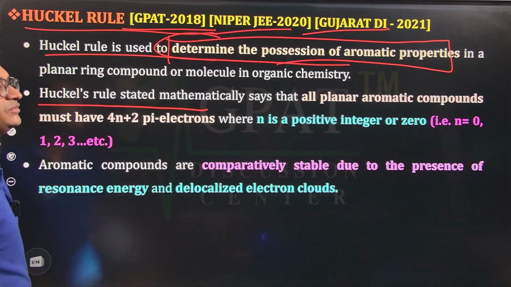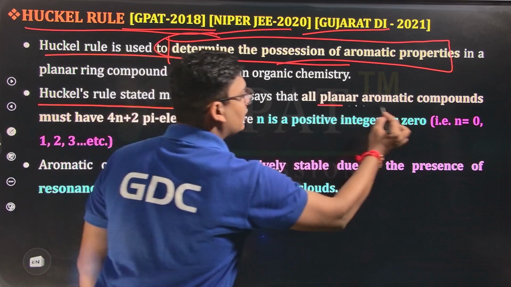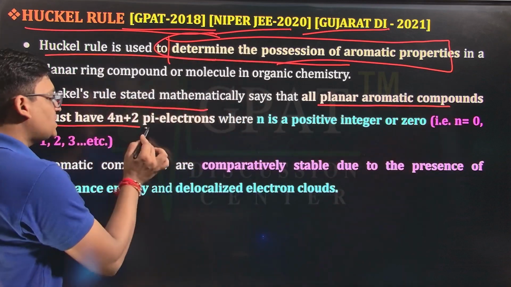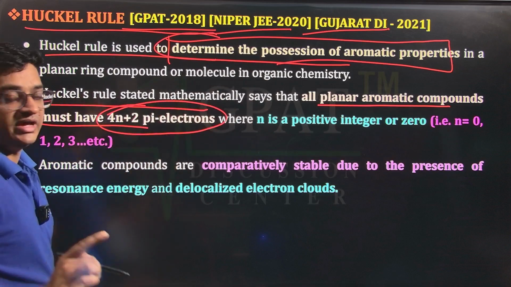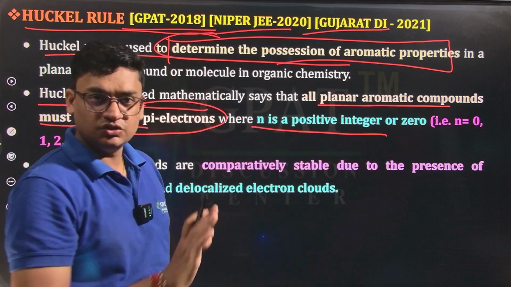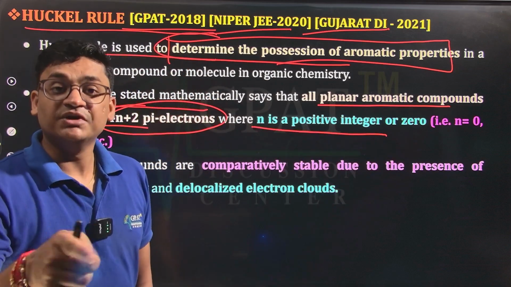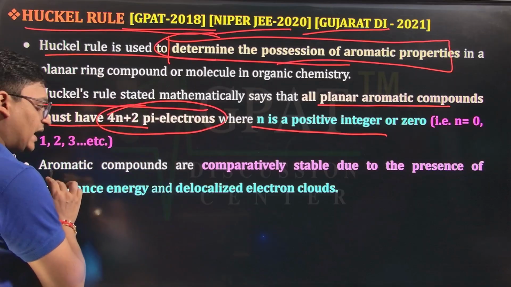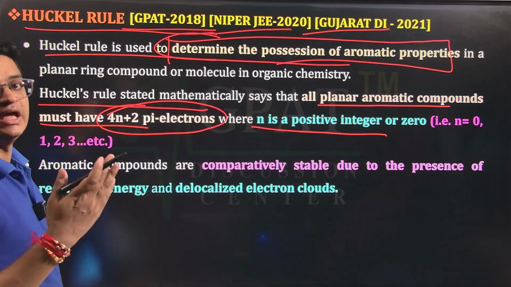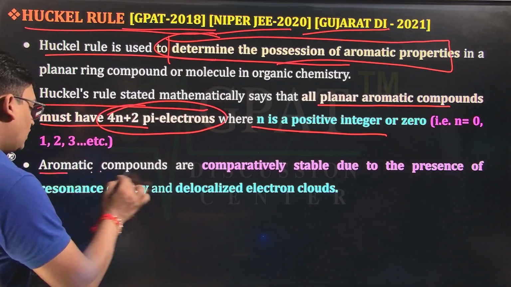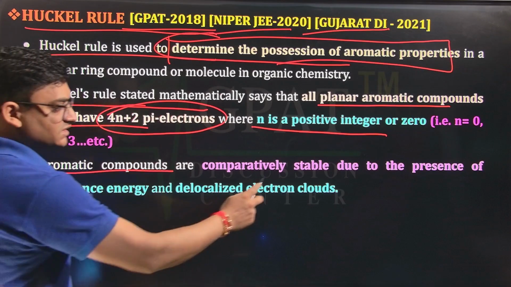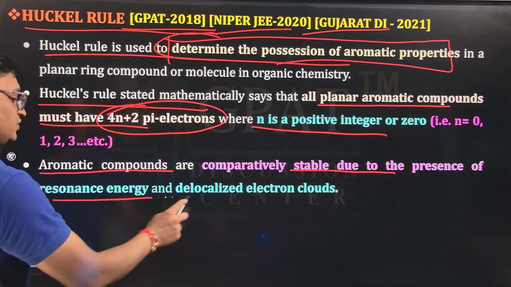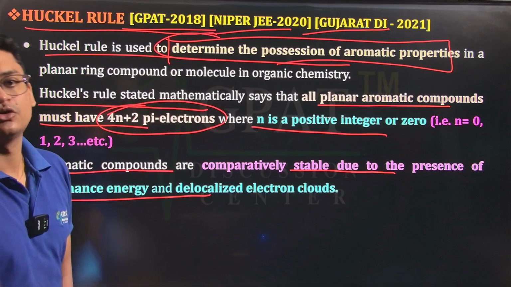Hückel's rule states mathematically that all planar aromatic compounds must have 4n plus 2 pi electrons, where n is a positive integer or 0, starts from 0, it means aromatic. And if it is an anti-aromatic compound, it must have n value from 1 to 3. Aromatic compounds are comparatively stable due to the presence of resonance energy and delocalization of electron clouds.